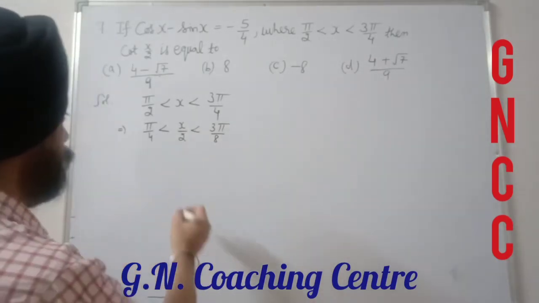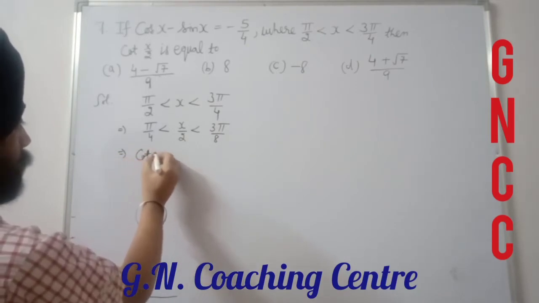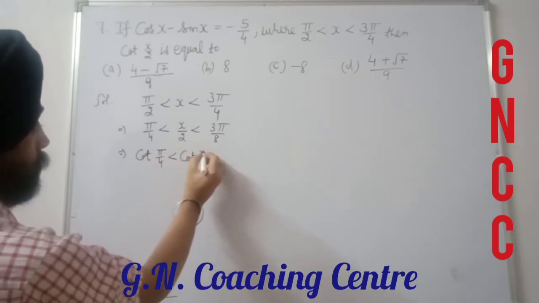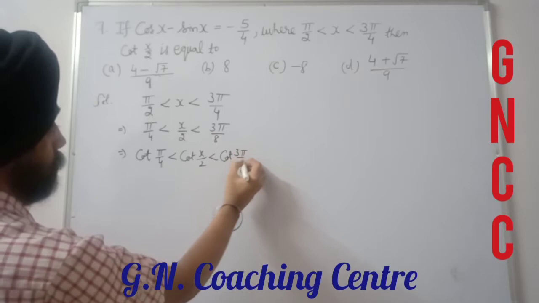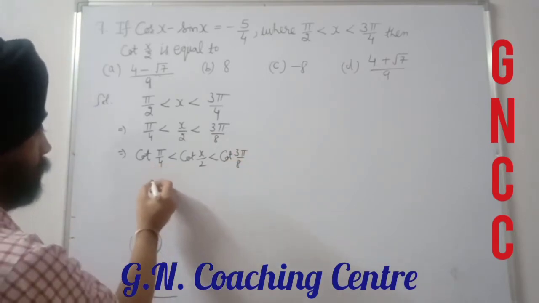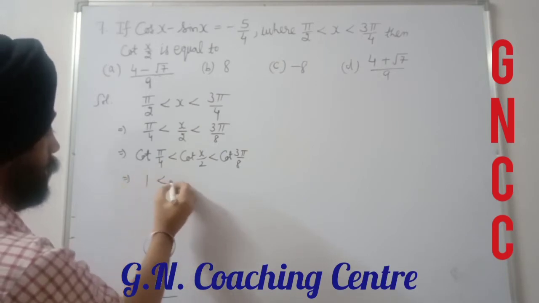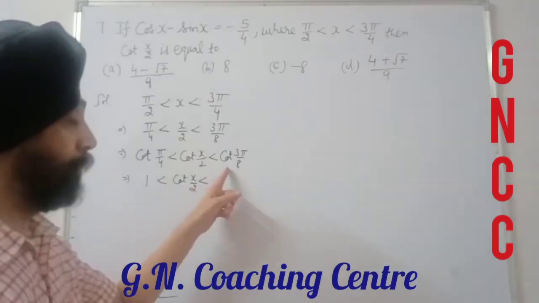So cot x by 2, we have to find cot x by 2. Cot pi by 4 will be less than cot x by 2 less than cot 3 pi by 8. Cot pi by 4 is 1. So 1 is greater than cot x by 2. Now what is the value of cot 3 pi by 8?